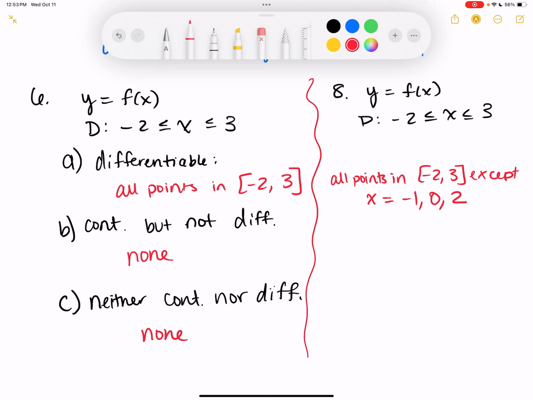So then I want to know, where is it continuous but not differentiable? So basically, out of these 3 points that we have removed, because it can't be differentiable, which one of them, or potentially up to all of them, are continuous but not differentiable?